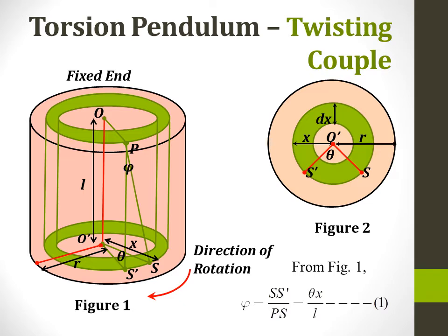The arc length is equal to the angle subtended by the arc times the radial length, which is x. So SS prime is equal to theta x, and PS from figure 1 we know is equal to L. Therefore, the angle of shear is given by theta x divided by L, and we denote it by equation 1.